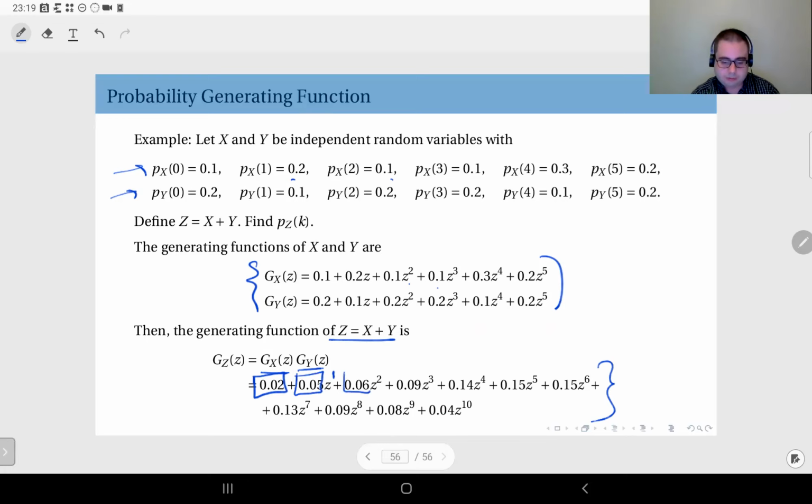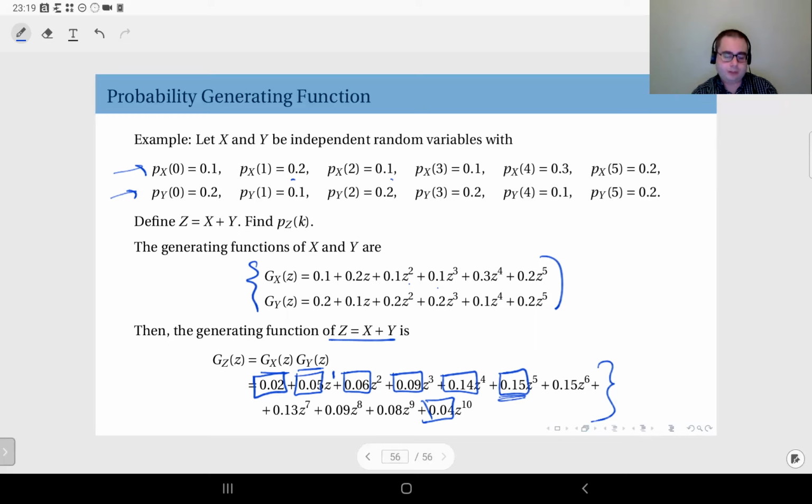This is the probability that Z equals 2, Z equals 3, Z equals 4, and 5, as you see, 0.15, the same quantity we found before, and so on. For instance, this is the probability that Z equals 10. This is the way you solve such questions using generating functions.